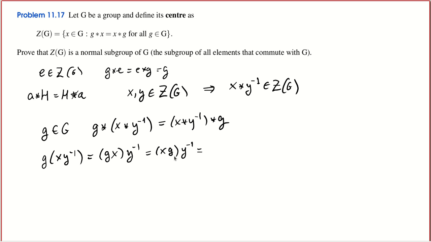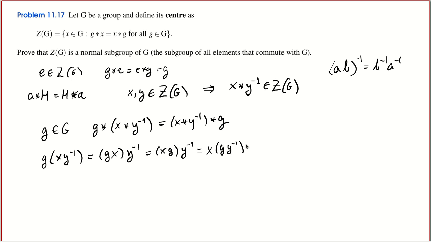And now we associate again, so this is equal to x times g y inverse. And, well, you know, the inverse of the product ab is equal to b inverse a inverse.